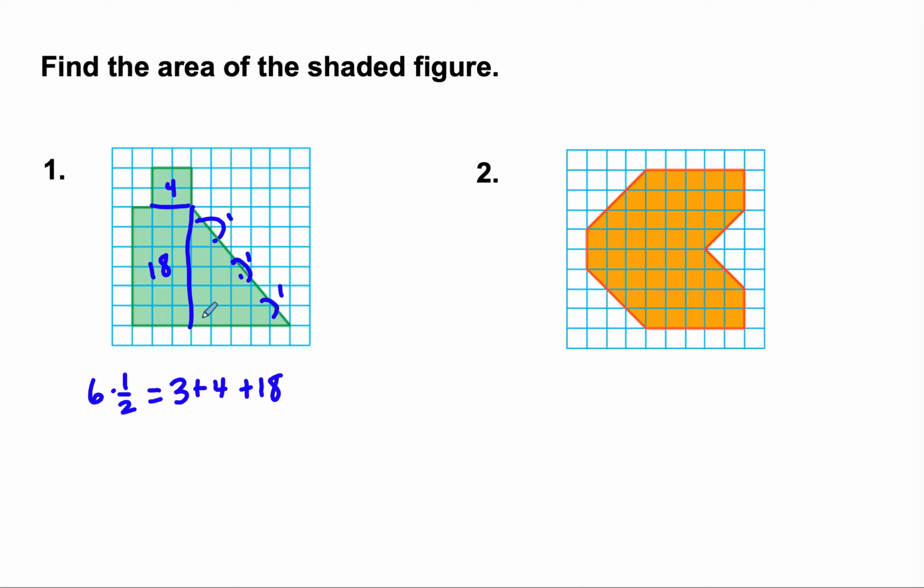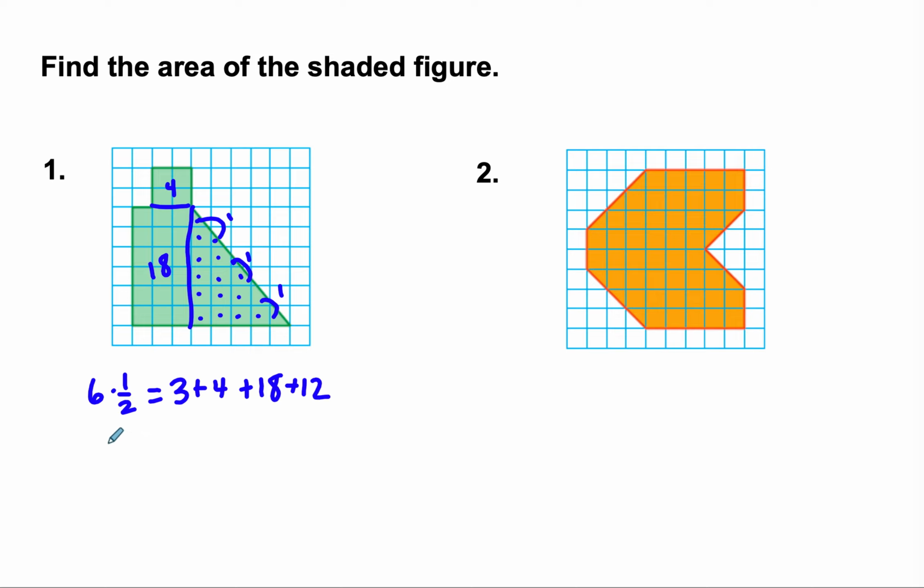And then let's see, 1, 2, 3, 4, 5, 6, 7, 8, 9, 10, 11. And this one isn't quite a whole one. But if I had this little extra part, it would be. So I'm going to count that as 12.